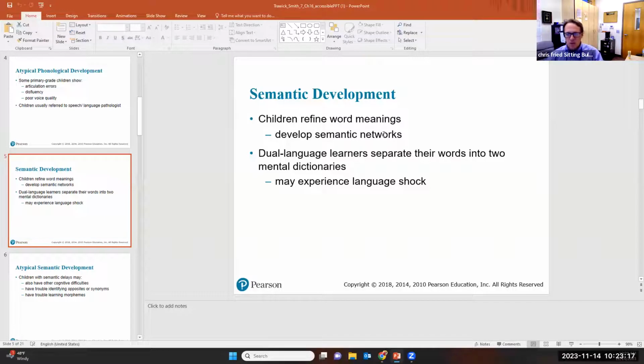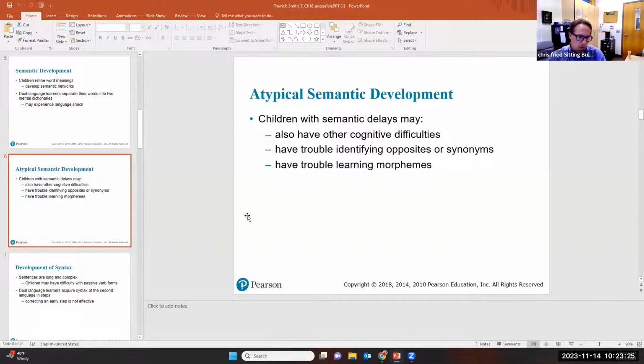So they split that up: how they say a word in the secondary language and what it means, and how they say that word in their primary language and what it means as well. Children with semantic delays may have some other cognitive difficulties. They may have trouble identifying synonyms or opposites, antonyms, and also learning some of the morpheme components of semantic development as well.